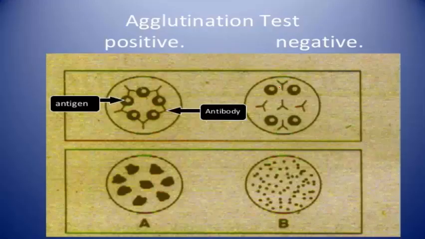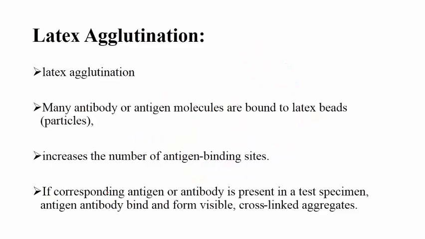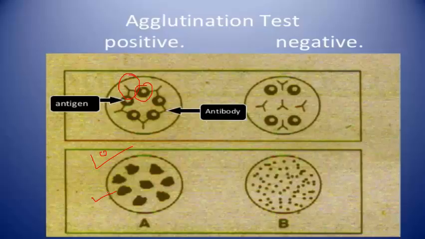Okay. So as you can see here, there is a reaction between this antibody and antigen that results in visible clumping, and this is called agglutination. This agglutination is very common in the case of blood grouping.